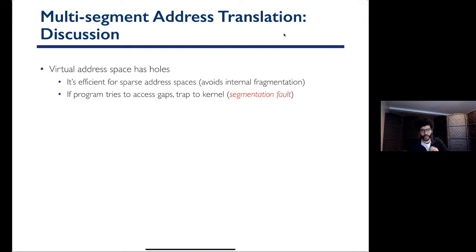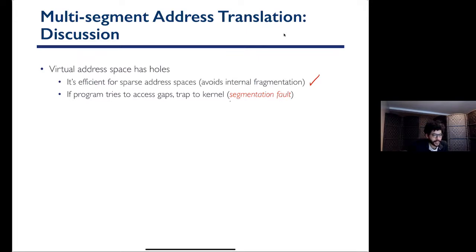So I can map these smaller segments to smaller sequences of memory. And when a new process comes, I don't need to find a big chunk of consecutive memory regions. All I need is to find small sequences of addresses in physical memory that are free, and then allocate each segment of this new process to those physical memory regions. So it is very good for internal fragmentation.